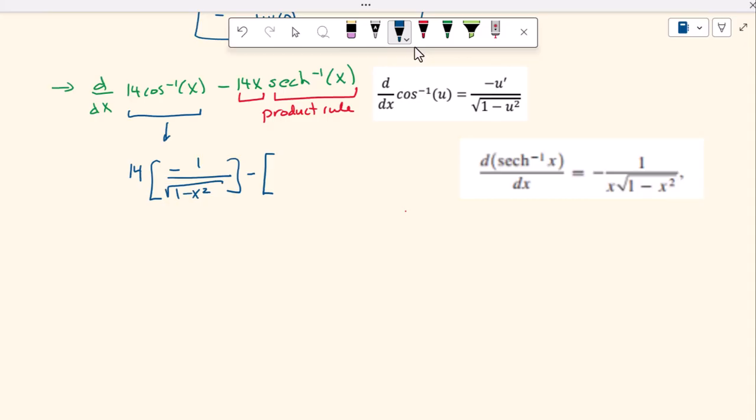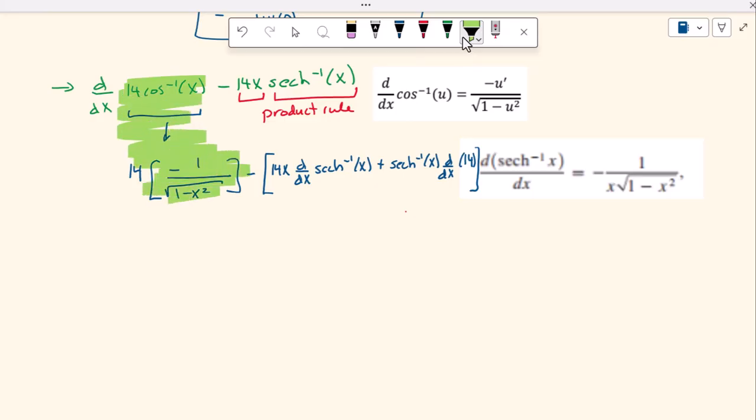Okay, so from here I'm going to have my first function times the derivative with respect to x of the inverse hyperbolic secant plus the second function, which is the inverse hyperbolic secant, times the derivative with respect to x of my first function.